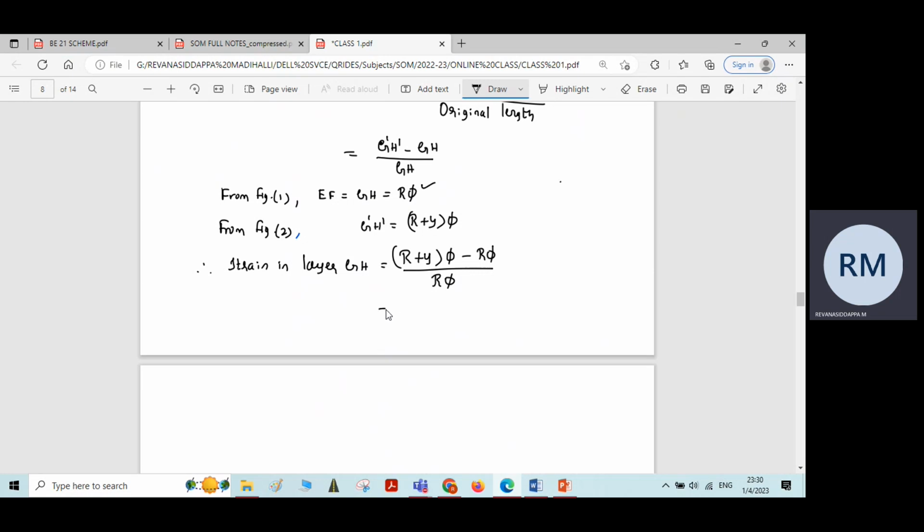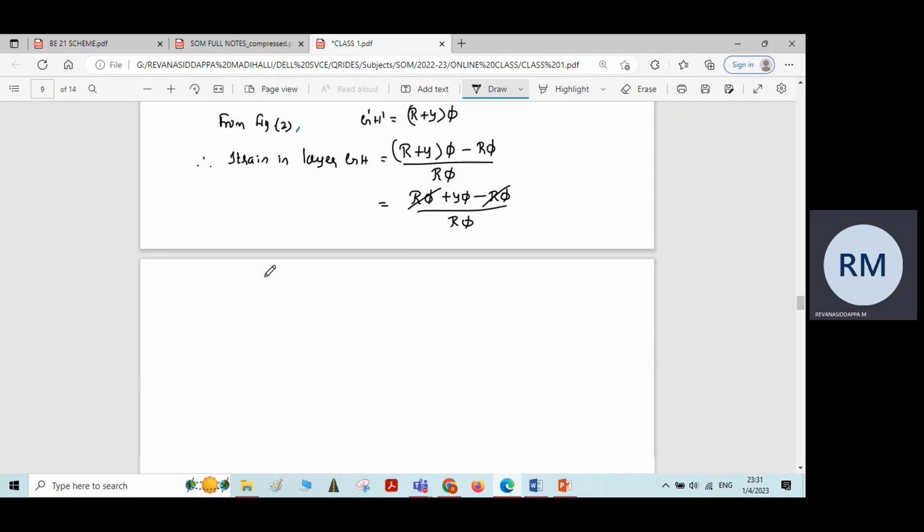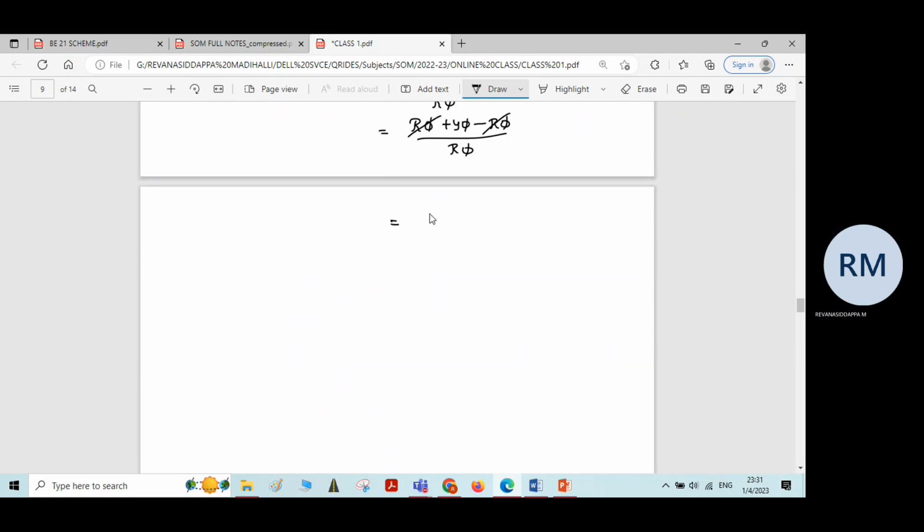Now simplifying this, R into pi plus Y into pi minus R into pi, whole divided by R pi. R pi gets cancelled in the numerator. So we'll get the equation as Y into pi divided by R into pi. Pi gets cancelled again. The final equation is Y by R.